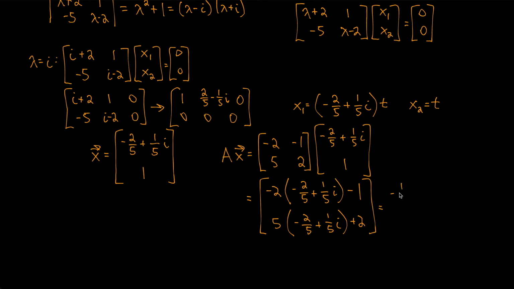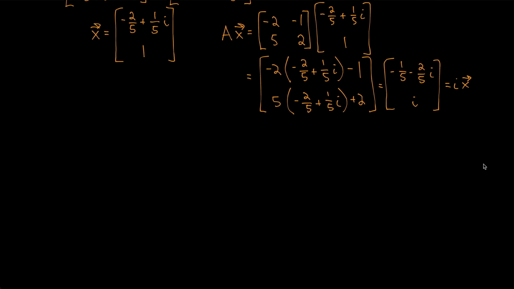Simplifying, we get that equals -1/5 minus 2/5 i, which is just i times x. Just basically testing that, yeah, this actually is an eigenvector that works with eigenvalue i.